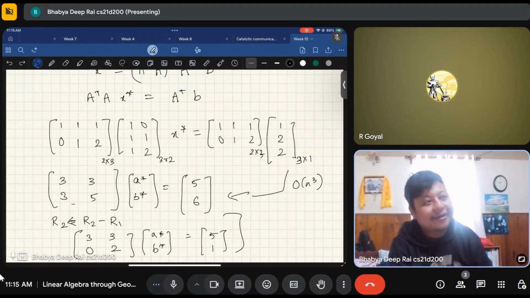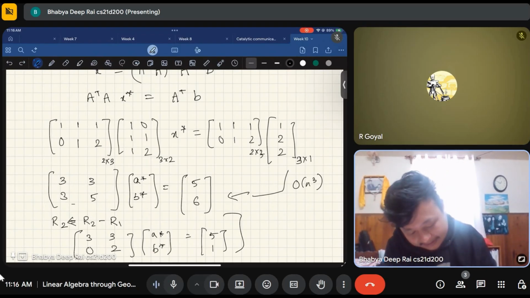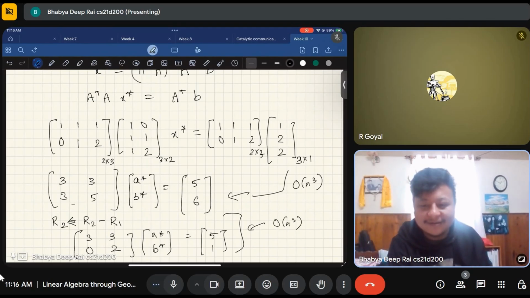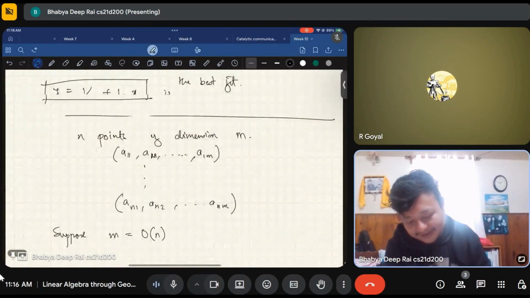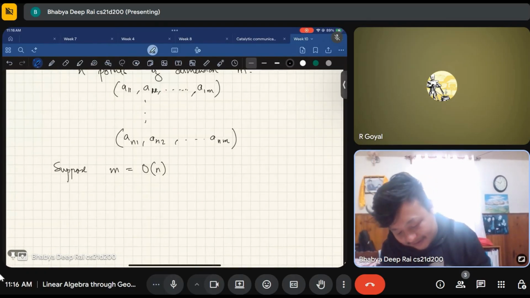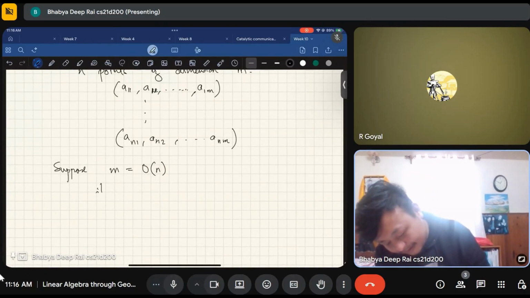There are other more efficient methods, of course, but Gaussian elimination is still a very standard and efficient method to solve a system of linear equations, and this takes order of n cubed time again. So roughly the least squares method should also take order of n cubed.